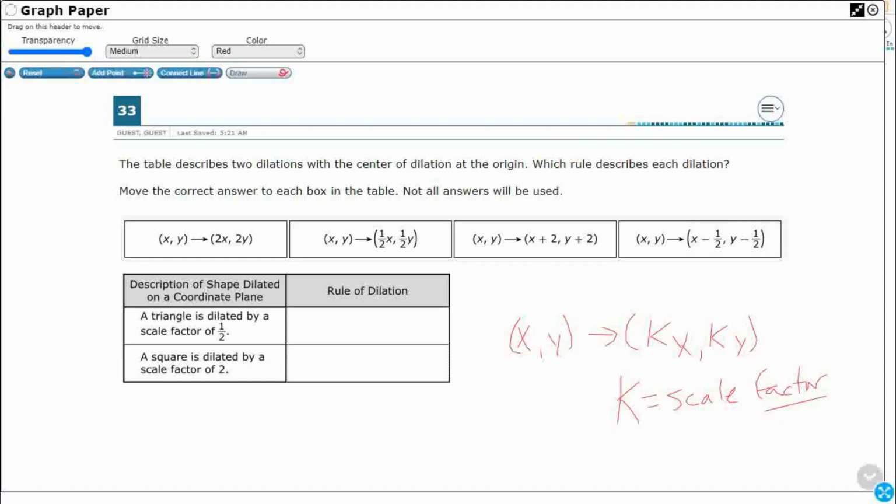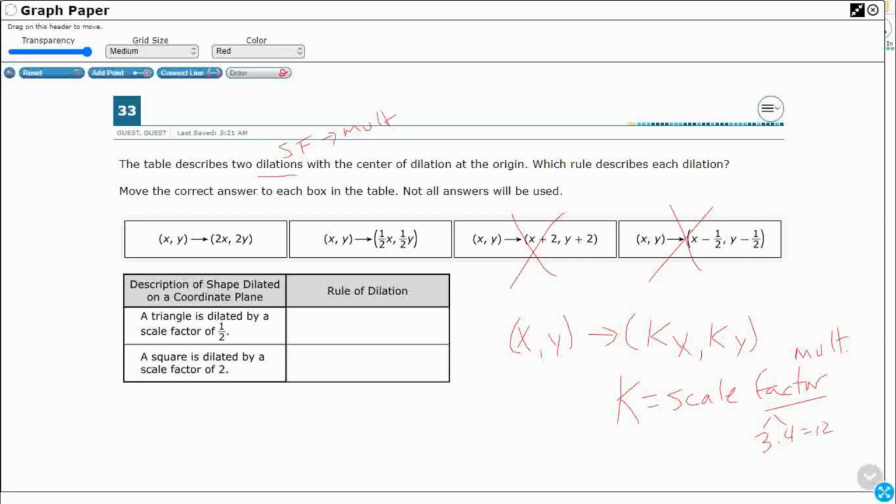Because a factor, when we think of factors, we should think of multiplying, right? So 3 times 4 equals 12. The 3 and the 4 are the factors, right? The 12 is the product. So when we see the word factor, we should think multiply, which means we're not using those. Dilations have a scale factor, and a scale factor means we're multiplying.